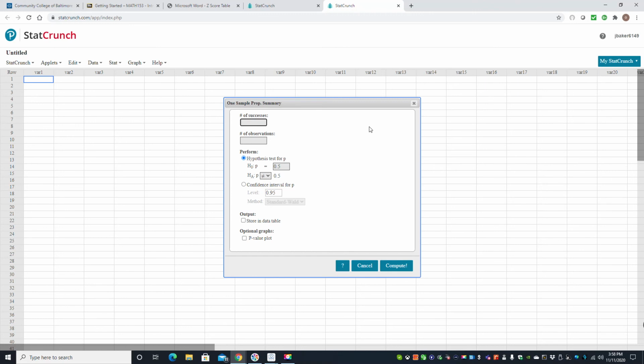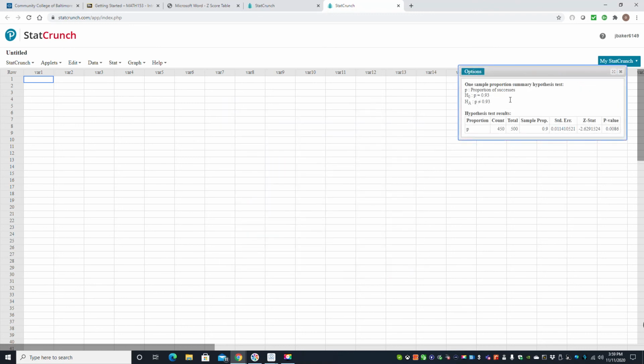So you have to put down the number and not the percentage. So you put 450 here, and then it'd be over 500. Then you make sure this is clicked on the hypothesis test. What we were testing for was 0.93. My thing here was not equal to, but you can change it to less than or greater than. And then you just hit compute.